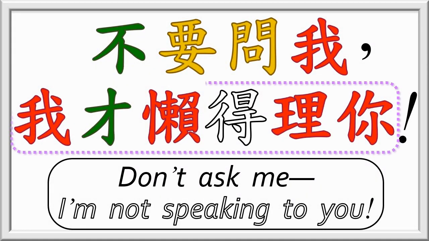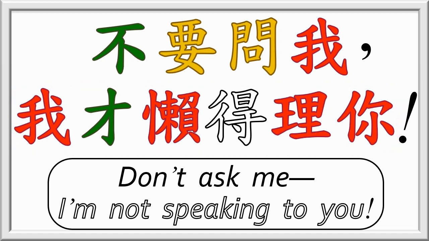Rather than calling people unpleasant names, a much more useful way to incorporate 懒 into your speech is when expressing the English idea of not bothering to do something, not going to the trouble. 不要问我，我才懒得理你。Don't ask me, I'm not speaking to you.